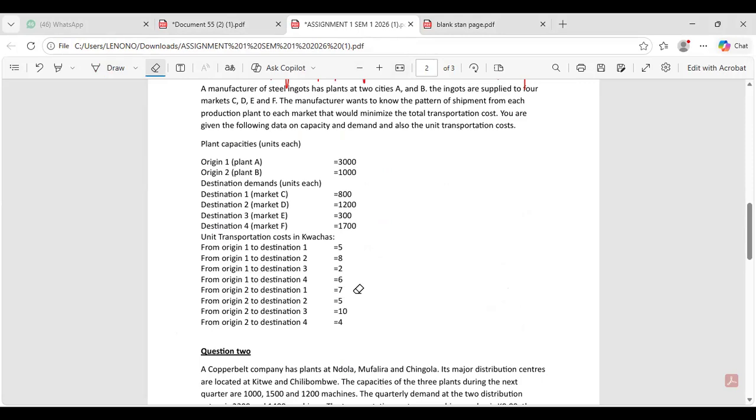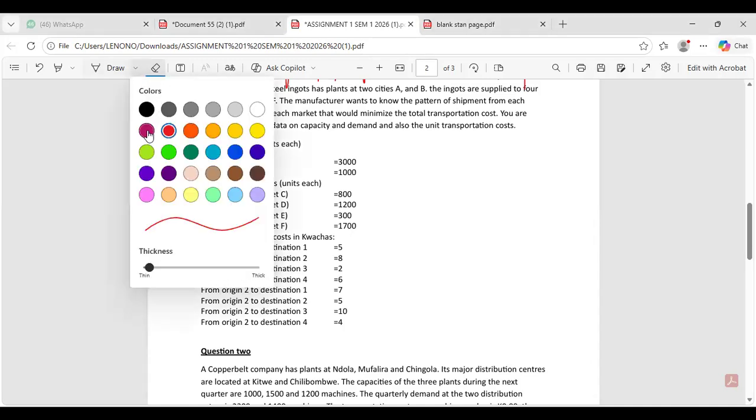So we have the designated demand. We need to balance up. The summation of demand will be equal to the summation of supply in transportation problems.